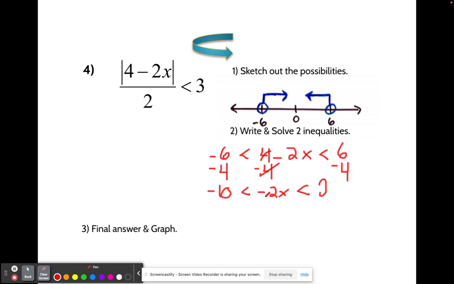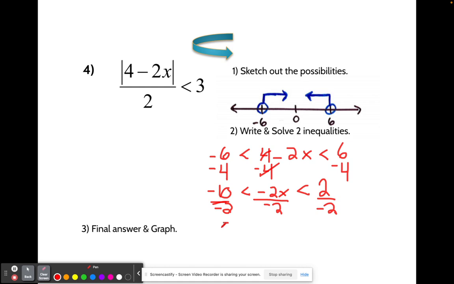So now I need to divide everything by negative 2. Divide by negative 2. Because I'm dividing by a negative, I need to flip my inequality.